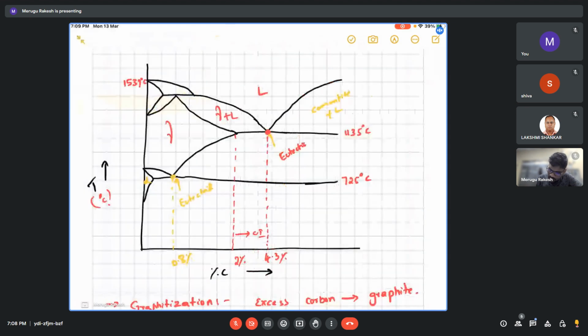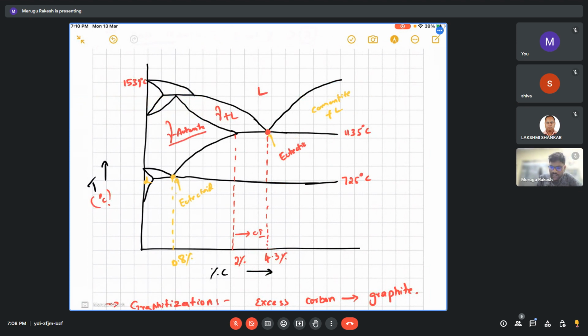So in this figure, see, this is austenite, which is a phase, but this is not stable. Once you cross 725 degrees Celsius, this austenite will not be present. It will be split into pearlite or ferrite. Below 725 degrees it is pearlite plus cementite.